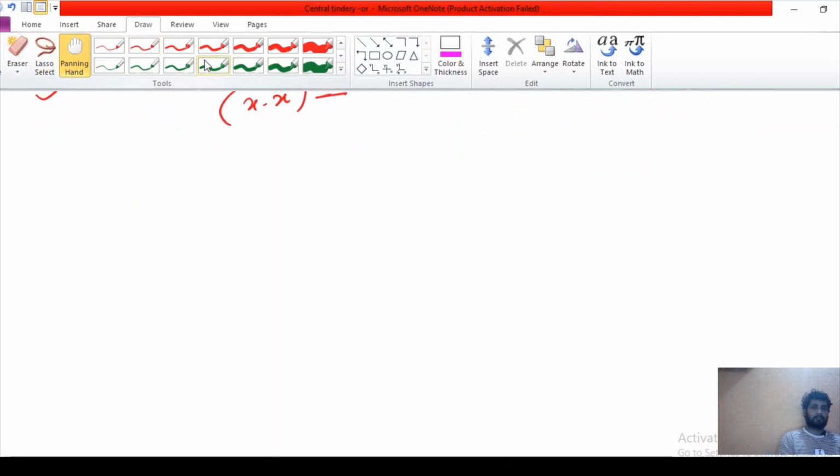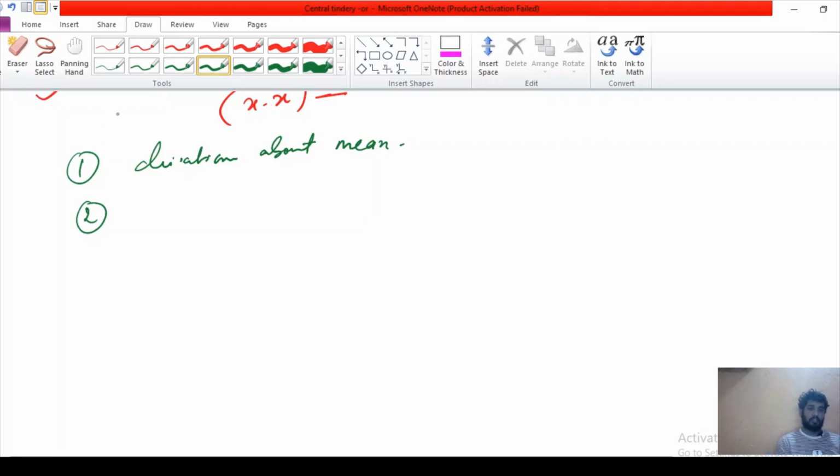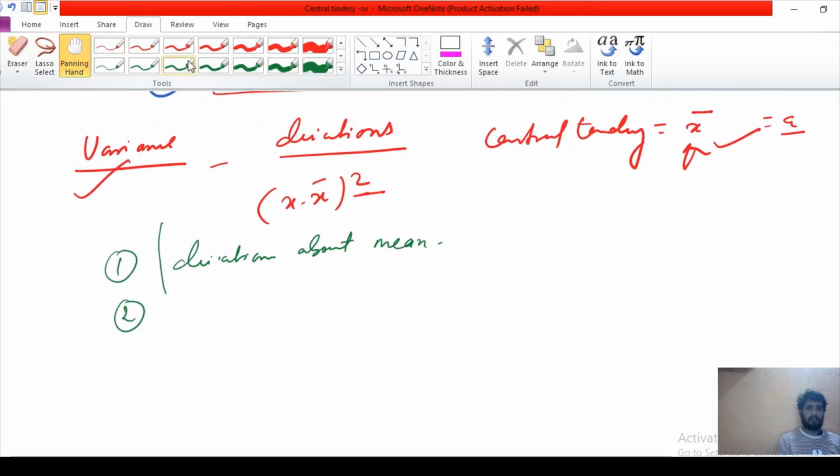Means first find out deviations about mean, right? Second one is, we can also include a step, and that is first find out the mean.